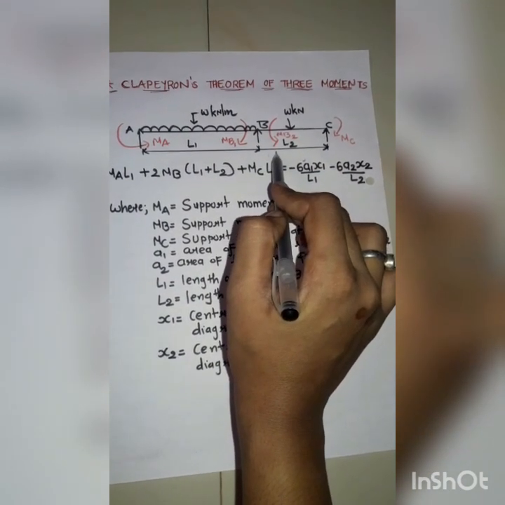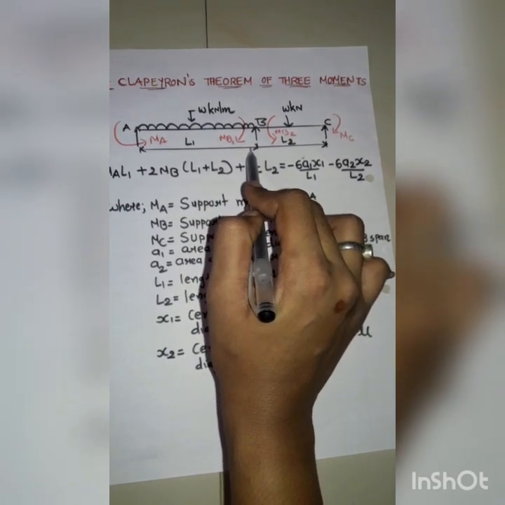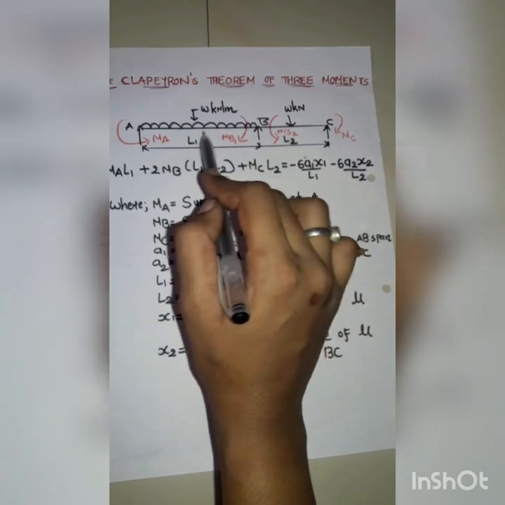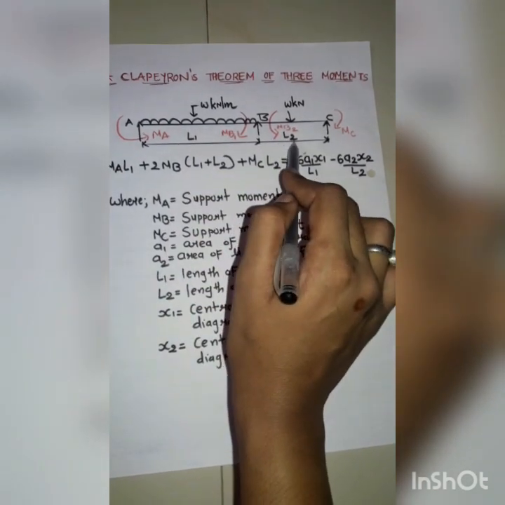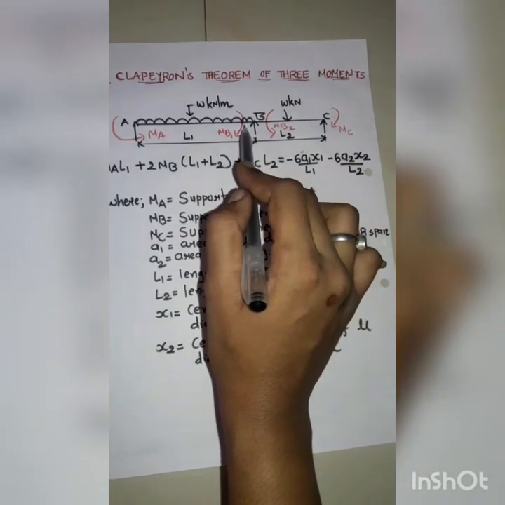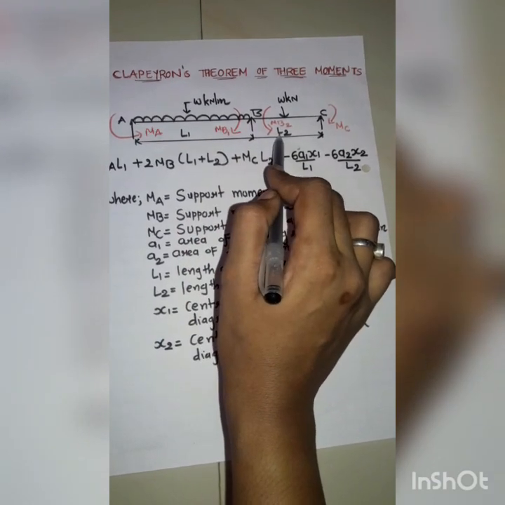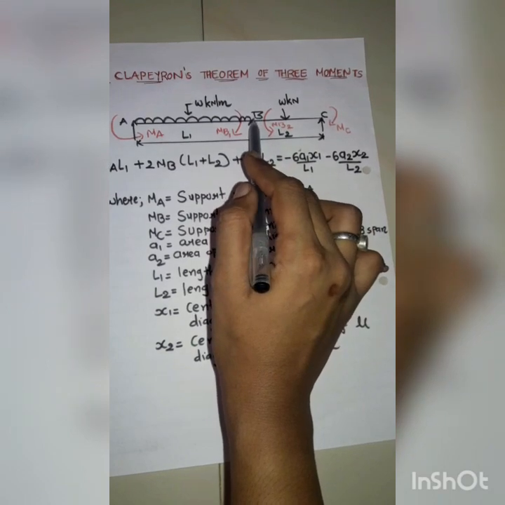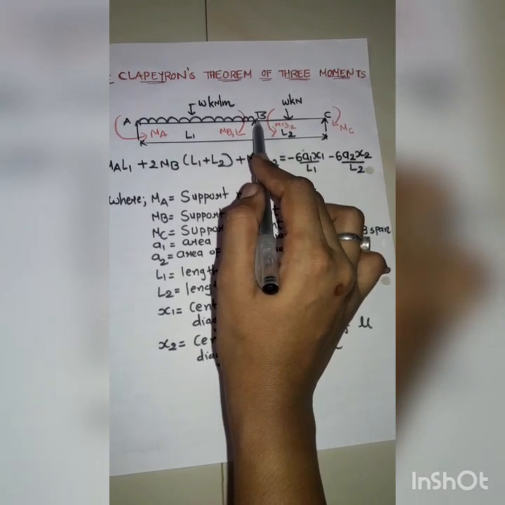But at the intermediate support B, moment of B acts with respect to L1 and also L2. So MB1 and MB2 are the two moments at the intermediate support B.